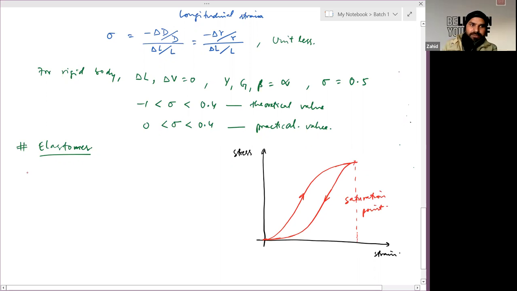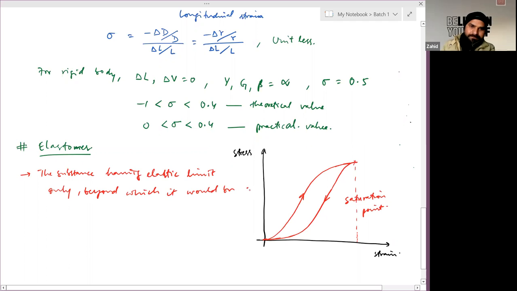So we can define elastomer, the substance having elastic limit only, beyond which it would break. Its main use is to absorb shock during traveling.